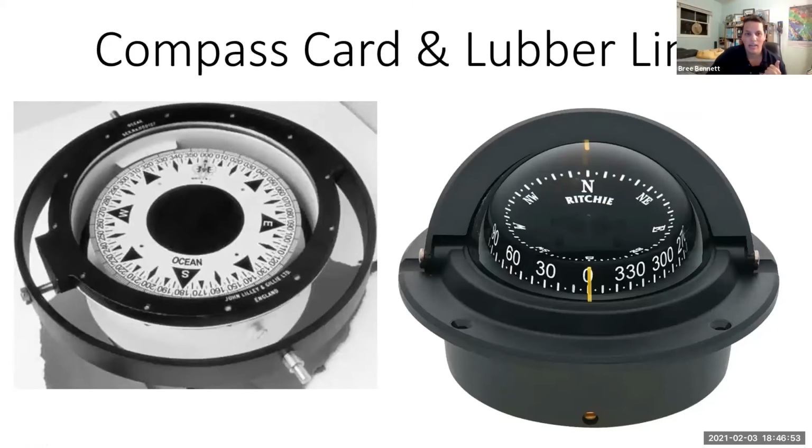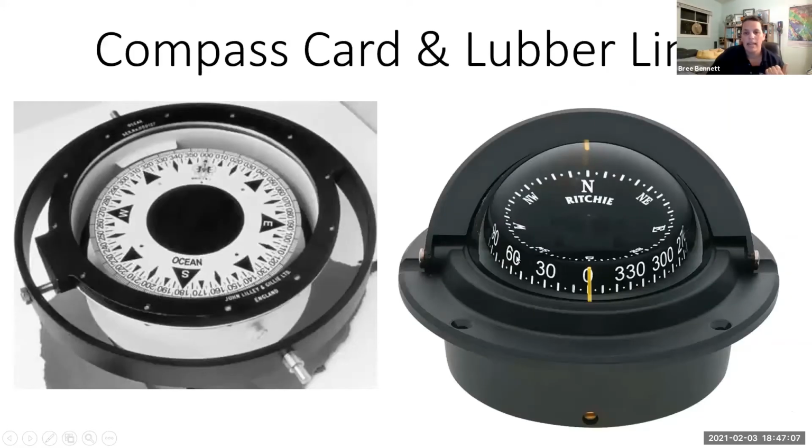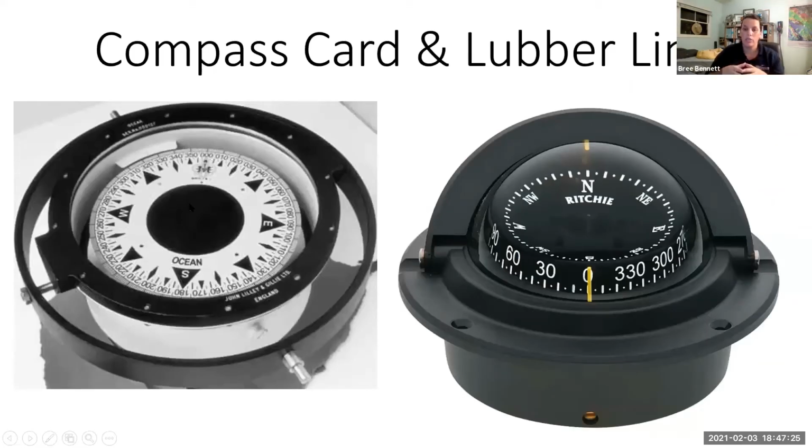Here we go. So it doesn't quite look like this picture on the left-hand side on a recreational boat. Some recreational boats do, but some do not. You might have more of this dome-like one. And when we're looking at a compass, that compass card, so that actual disc, is always pointing to north.